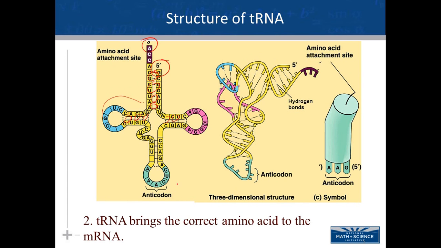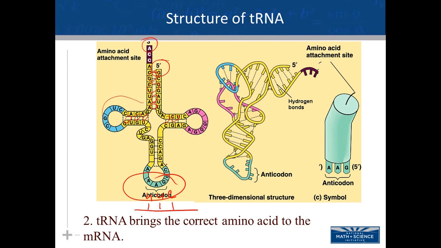Now, down here at the bottom is a very important part of the transfer RNA. It's called the anticodon. And this is the part that is complementary to the codon. So, if on the messenger RNA it reads UUC, the anticodon is going to be AAG.